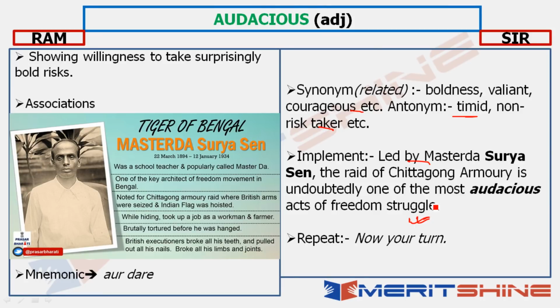So Netra Sen was running away from the followers of Master Da, and his wife gave away the position of Netra Sen, and he was beheaded by the comrades of Master Da. So revenge taken, but a great freedom fighter lost.